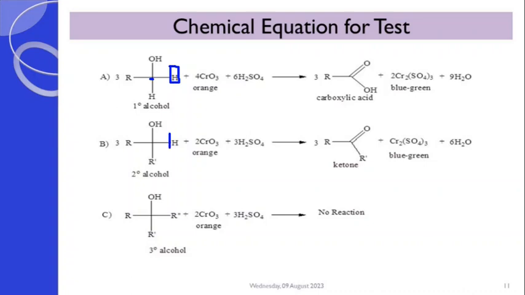This hydrogen would be lost. So when you compare the reactant and the product side, this carboxylic acid that has been formed as a result of oxidation has lost this hydrogen. In the second equation too, the hydrogen has been lost, then your ketones are formed. Remember that there has to be a blue-green color change to confirm that there is a positive test.